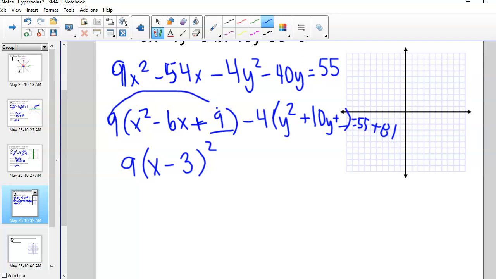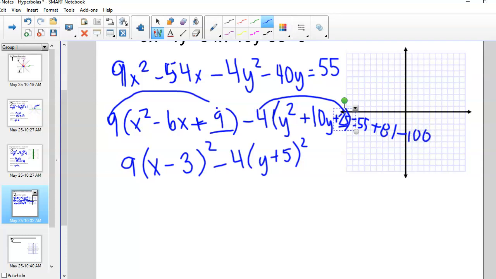All right, and then we're going to have minus 4, completing the square again, so we're going to have y plus 5. 10 divided by 2 is 5. Then when we square that, 5 squared is 25. Now, right here, we're going to have 25 times that negative 4 right there. So 25 times negative 4 is negative 100.